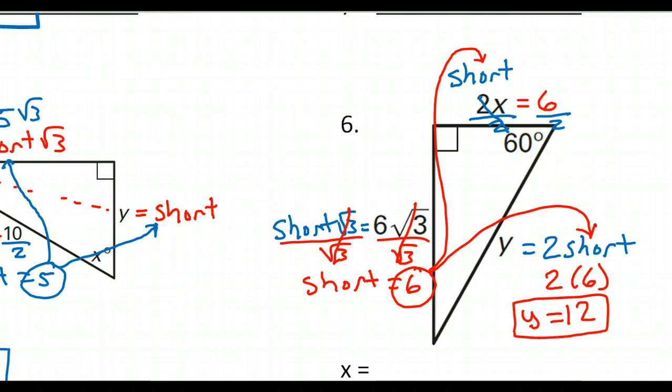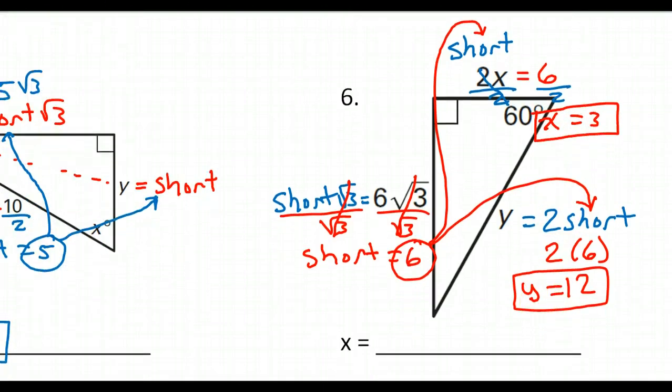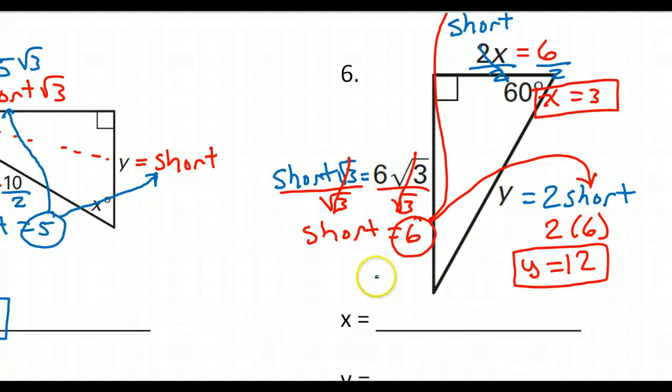Whoa, where did that orange come from? So x actually equals 3. That's how we find x and y. Might have to practice that a couple more times. So x is 3 and y is 12.